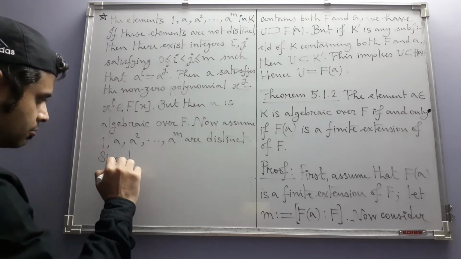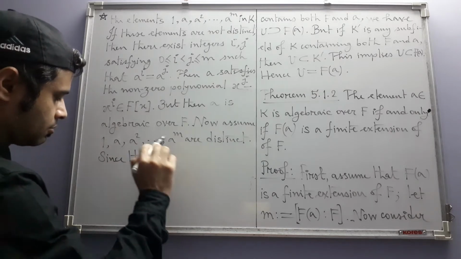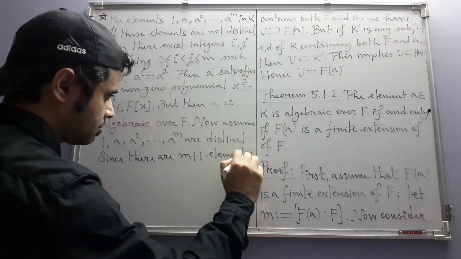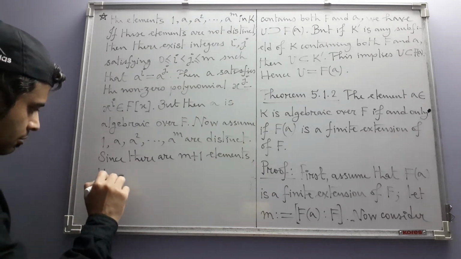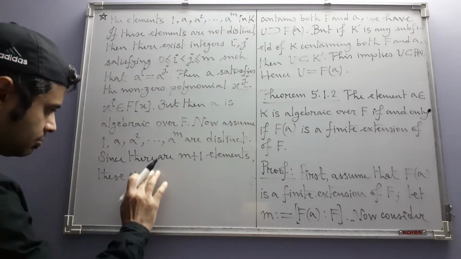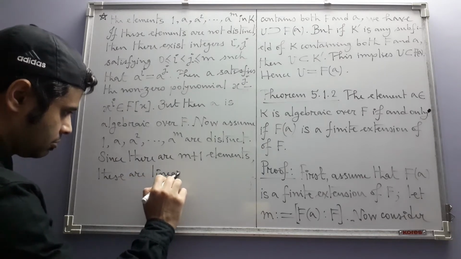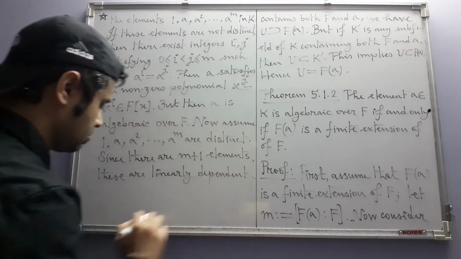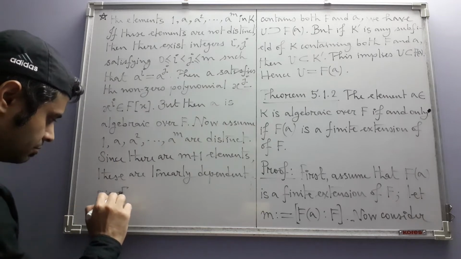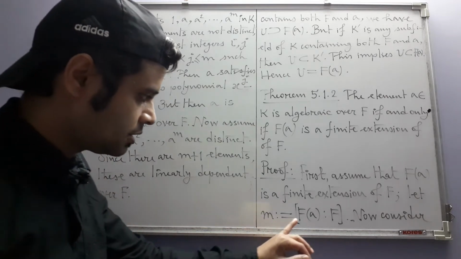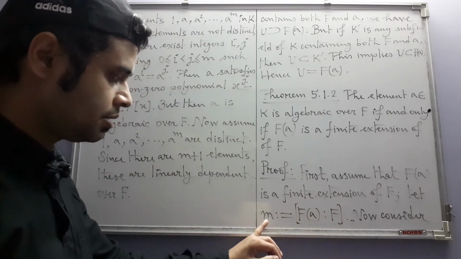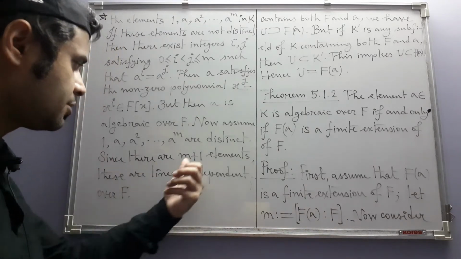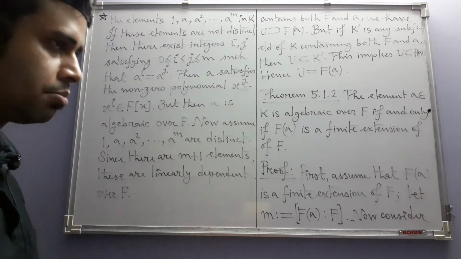Since there are m plus 1 elements, these are linearly dependent over F. The reason is that since m is the degree of F(A) over F, m is the dimension of the vector space F(A) over F. So any set of m plus 1 elements will be linearly dependent. It's more than the dimension.